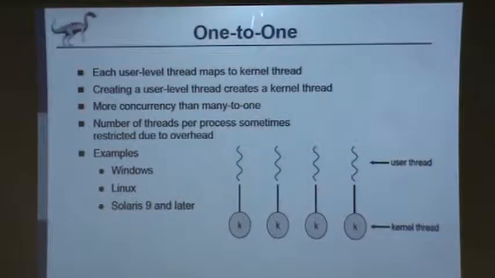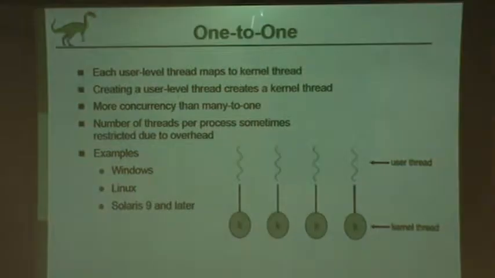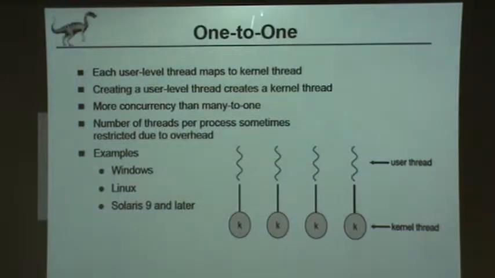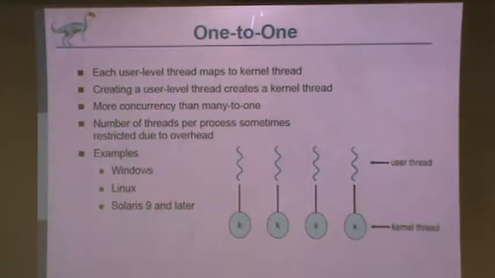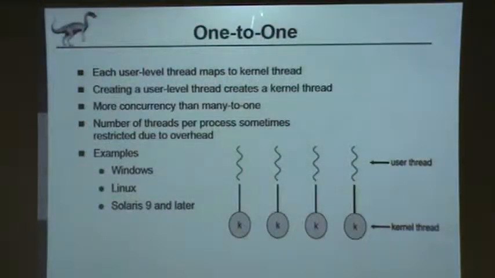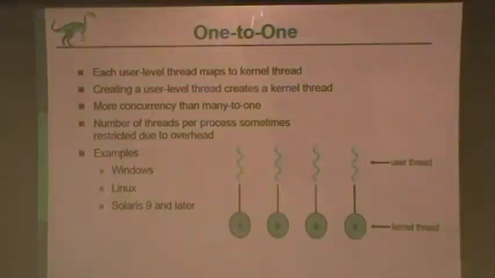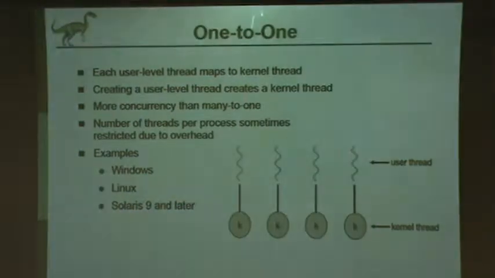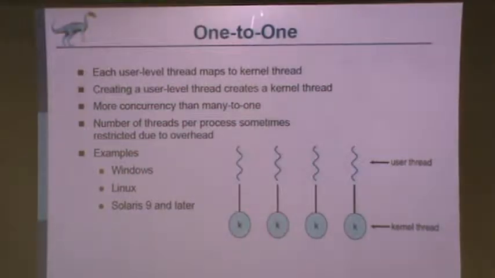Another type is one-to-one. In one-to-one, each user-level thread maps to its own kernel thread. So it solves the problem that when one kernel thread is blocked, the other user threads are blocked too. But it still has a problem, because kernel threads also have limited resources.